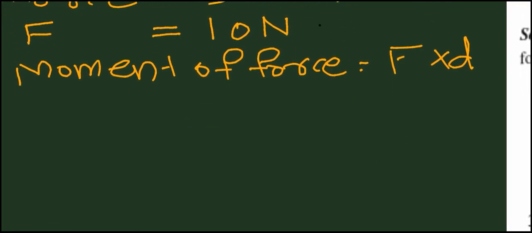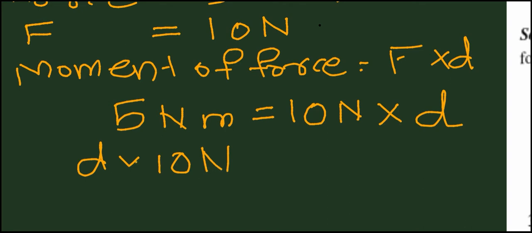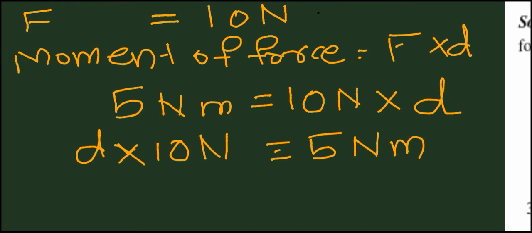The moment of force 5 Newton meter is equal to F, which is 10 Newton, into D. Distance we have to find out. That can be written as D into 10 Newton is equal to 5 Newton meter.